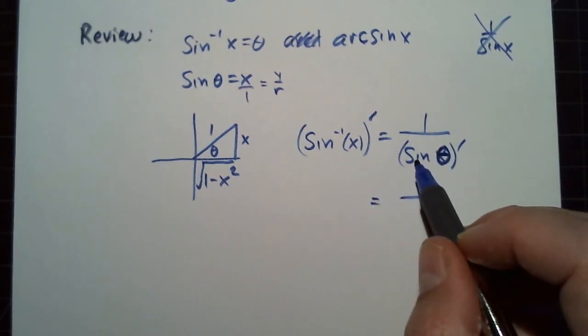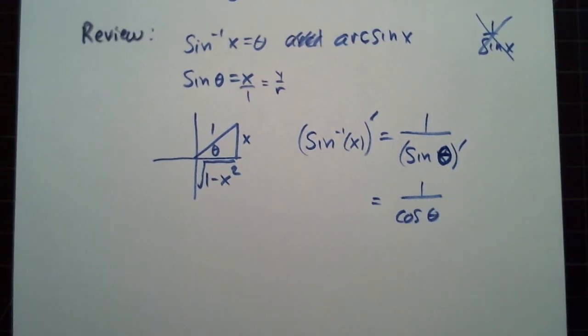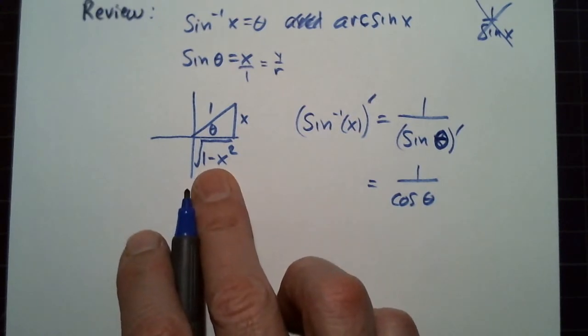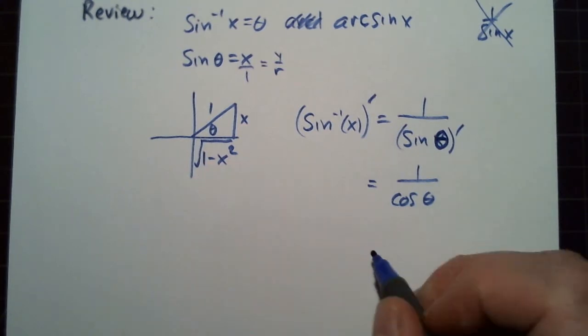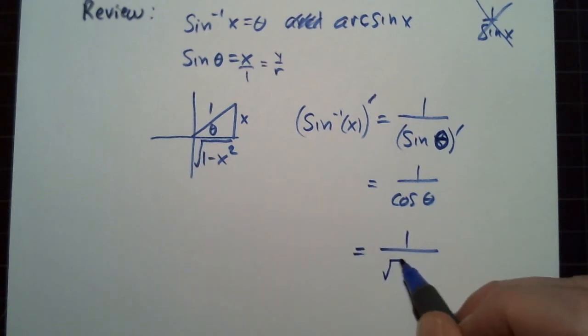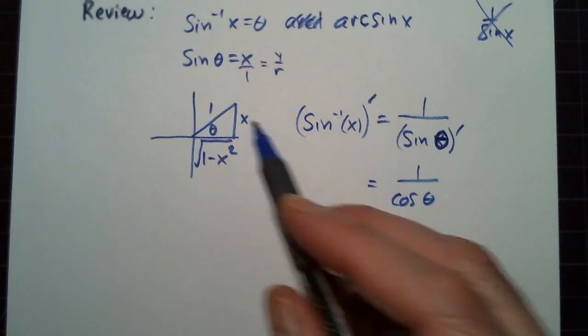The derivative of sine is cosine. And then we can go back to the graph and see that cosine is this over r.